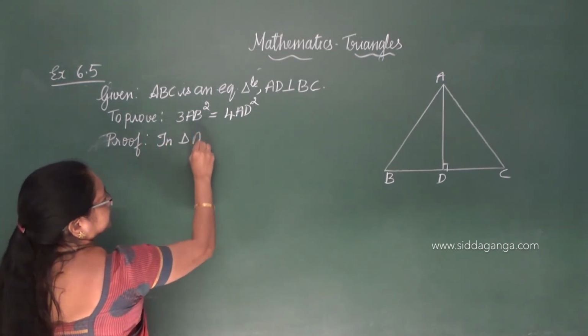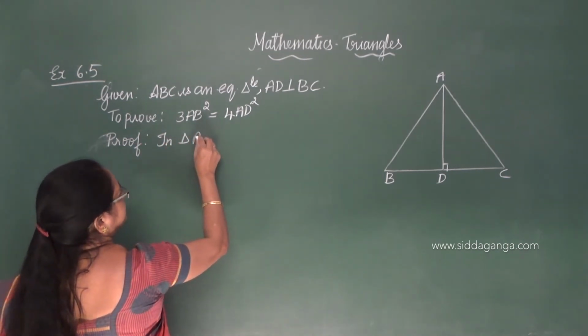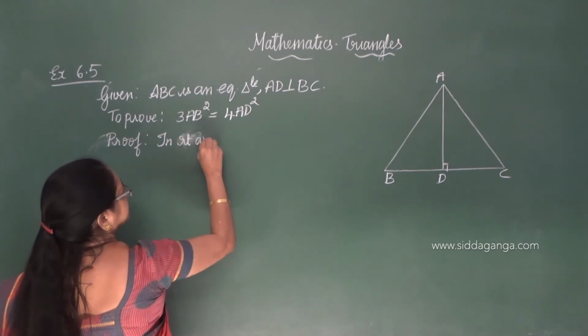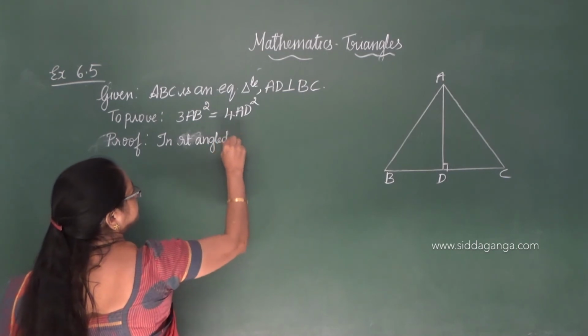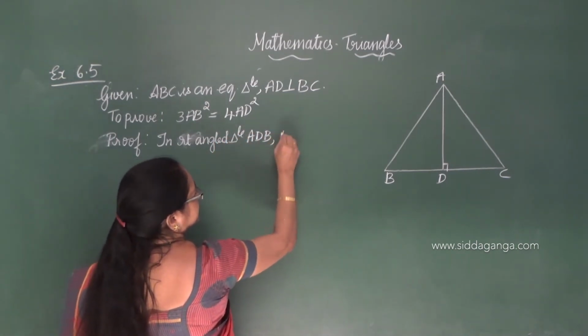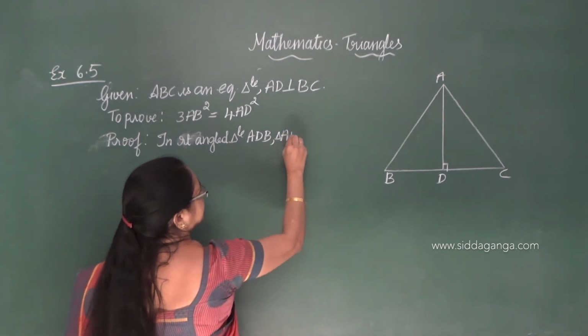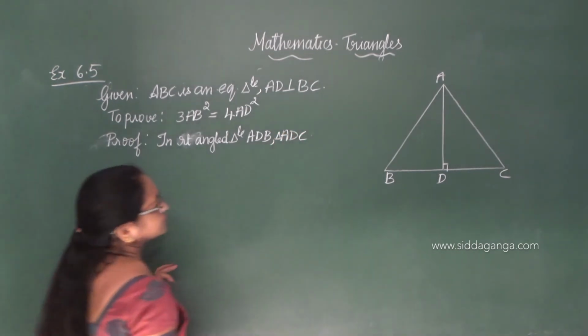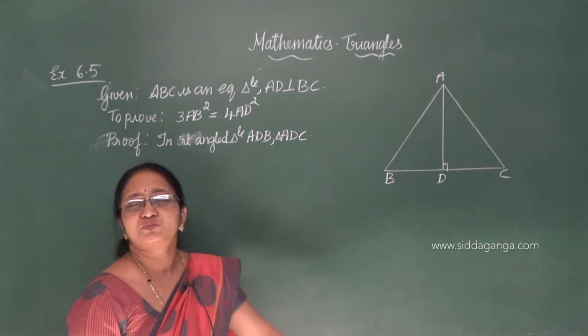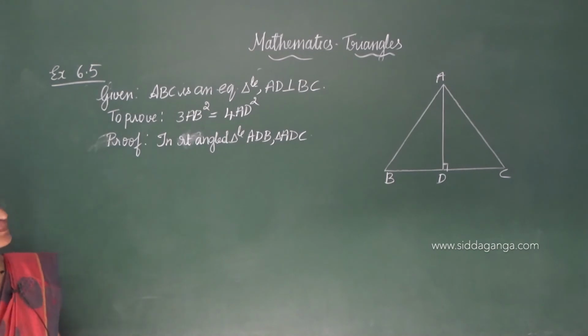In right angled triangle ADB and triangle ADC, here I have to prove these two triangles are congruent.